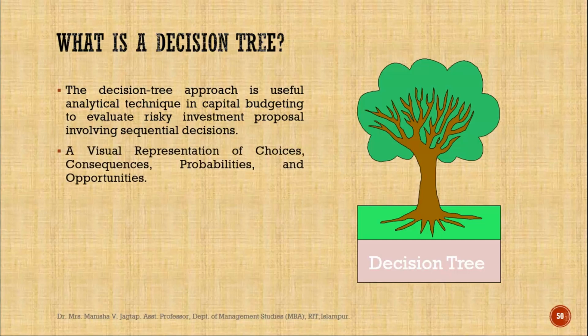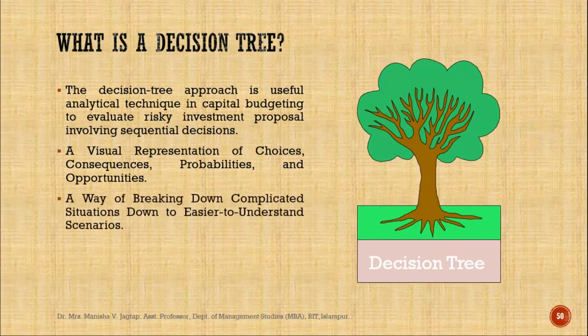A visual representation of choices, consequences, probabilities, and opportunities included in this particular decision tree. It is a way of breaking down complicated situations down to easier to understand scenarios.